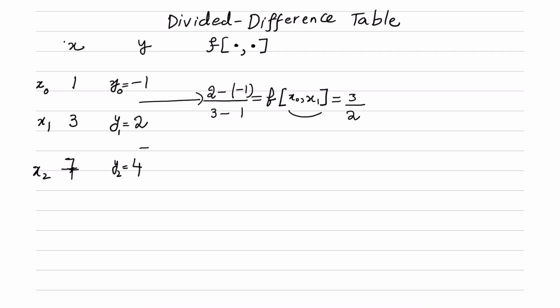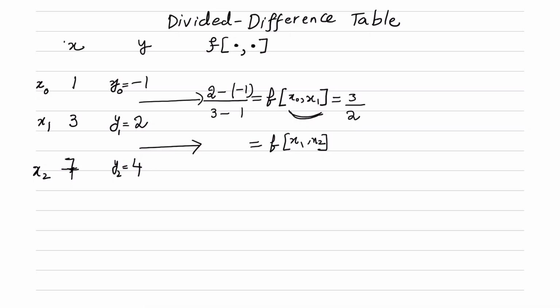That's the first value in the third column, f of x0 x1. The next value will be written in between these two numbers. That's why we are putting an arrow. First, we will write the name of what we are going to get here, which is f of, the previous term has x0 x1. Now we will drop x0, continue with x1 and x2.